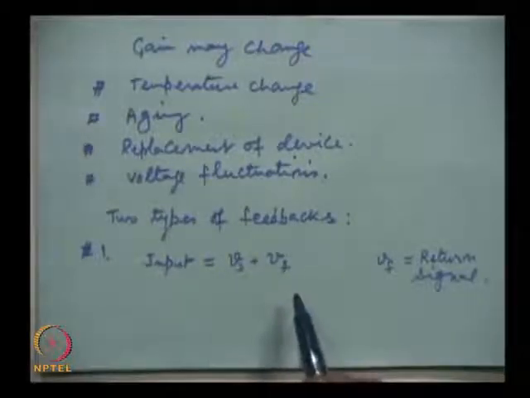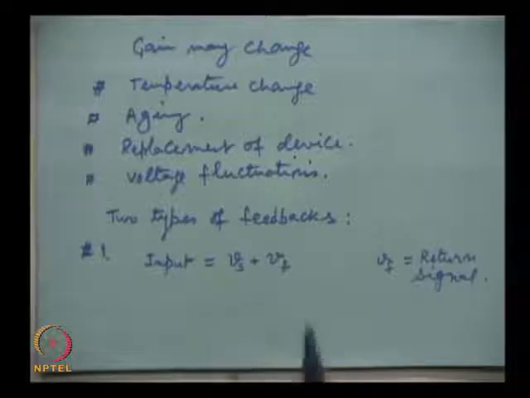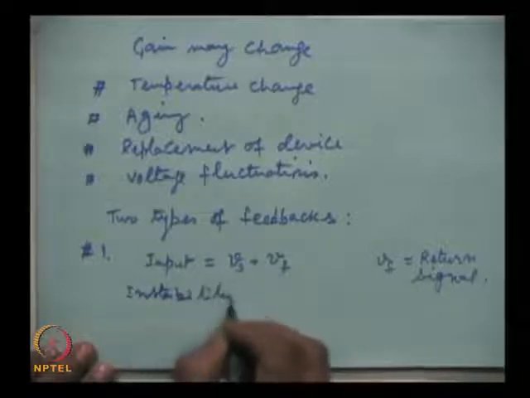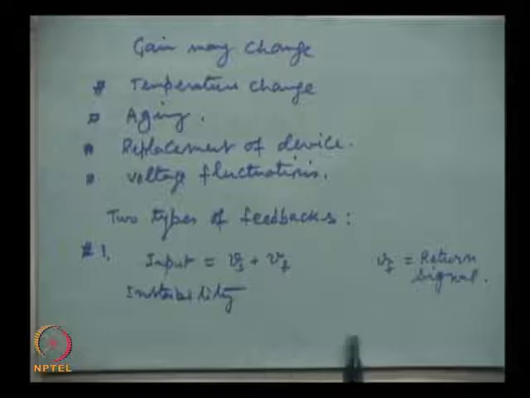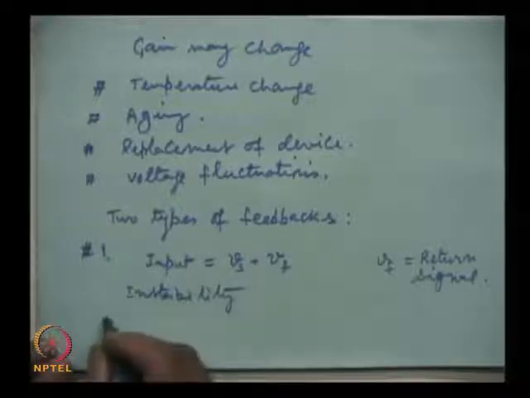For example, if it is 10%, then it is 10% of whatever is available at the output. If the output has gone high, the 10% portion which we are feeding back also becomes high. So this will keep on increasing. Finally it will amount to instability. If the output keeps on increasing every time, then this will bring instability to the circuit, and this is known as positive feedback.